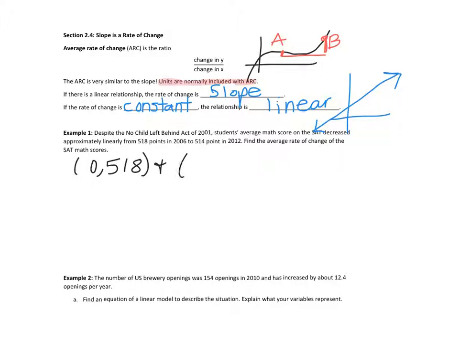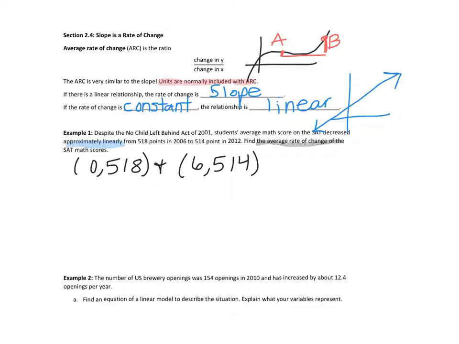Remember we counted t, the independent variable, to be years after 2006. So we got these two ordered pairs, and now they want us to find the average rate of change of the SAT math scores. Well, it's approximately linear.